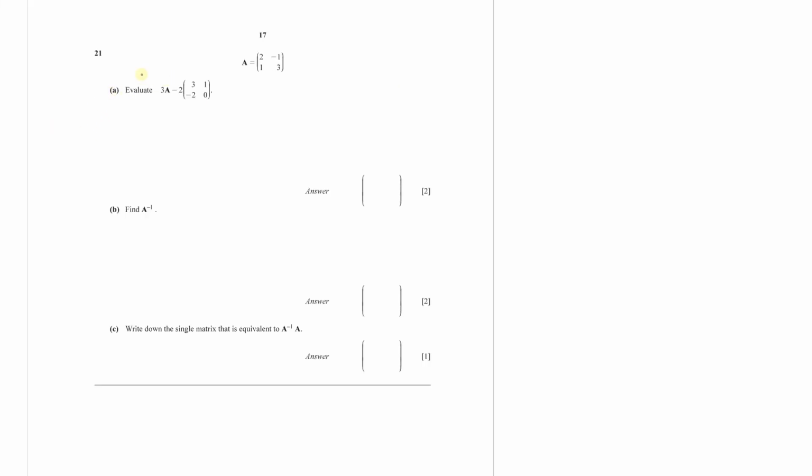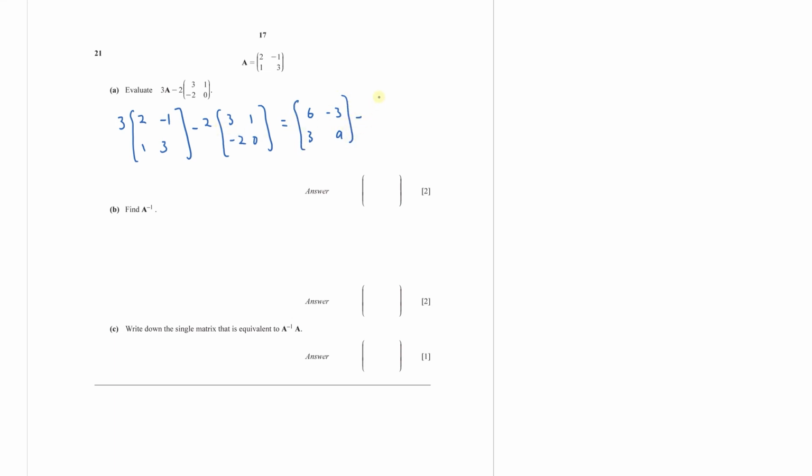Question 17 is you're given a matrix A and you have to evaluate 3A minus 2 times this matrix here. So we can write 3 times A is 2, minus 1, 1, 3, and then minus 2 times 3, 1, minus 2, 0. So if I bring this 3 in, this becomes 6, minus 3, 3, and 9.